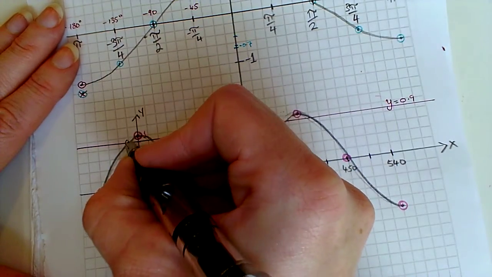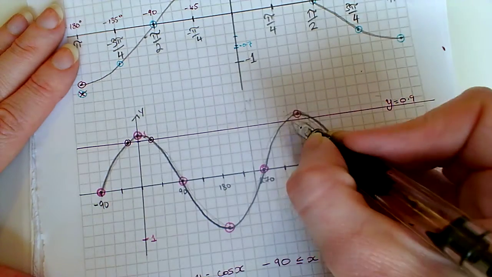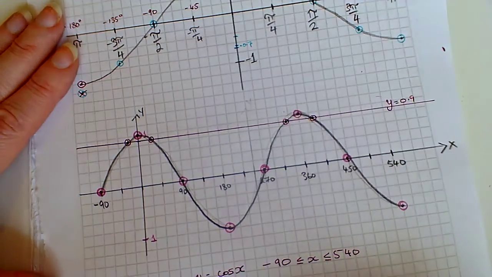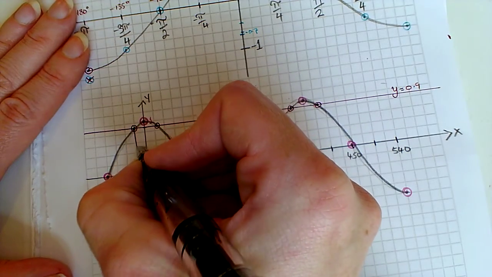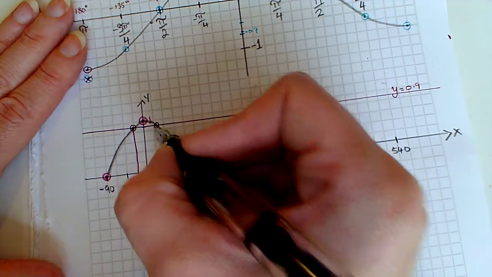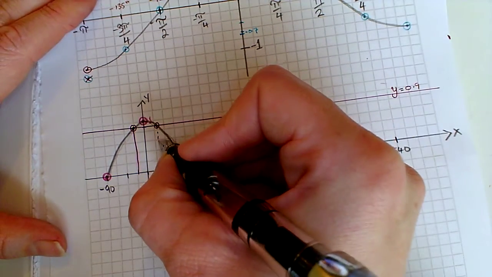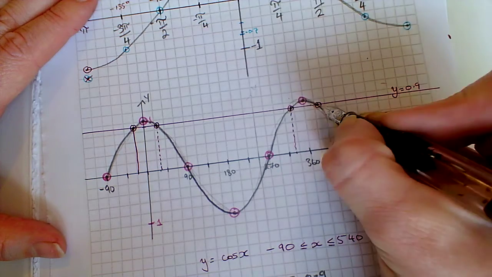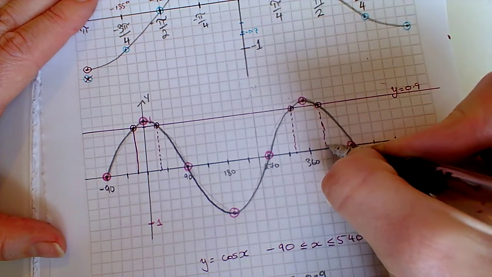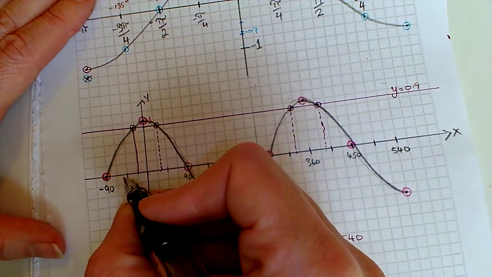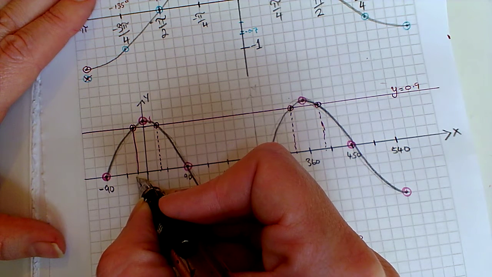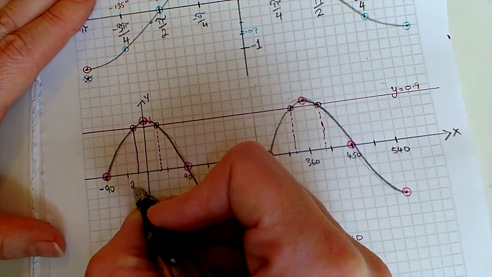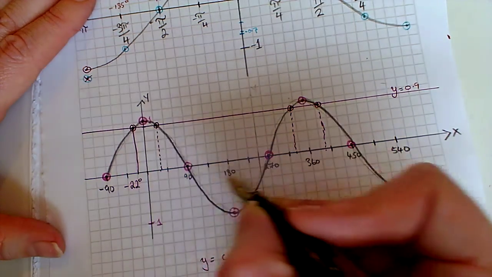And we can see that it intersects our graph at 1, 2, 3, 4 different places. And I really should use dotted lines coming down like this. And then I need to estimate what these are. So that's around minus 22 degrees.